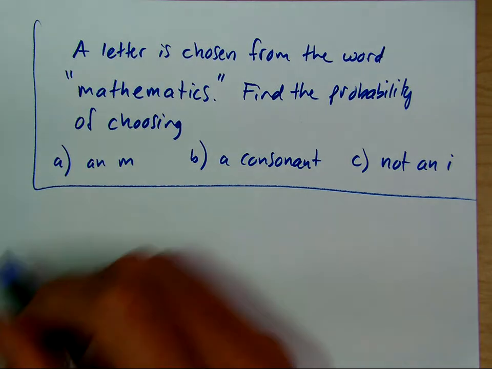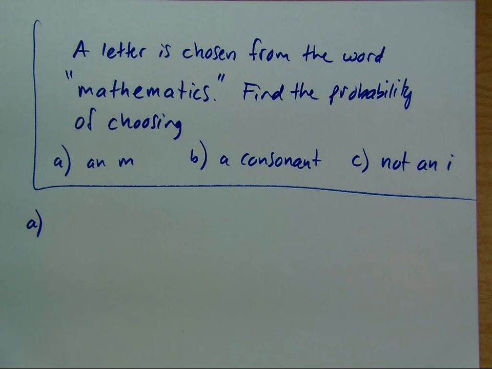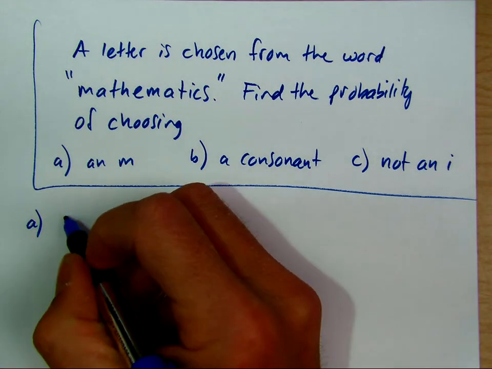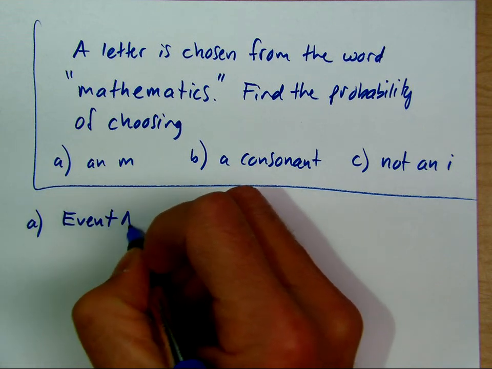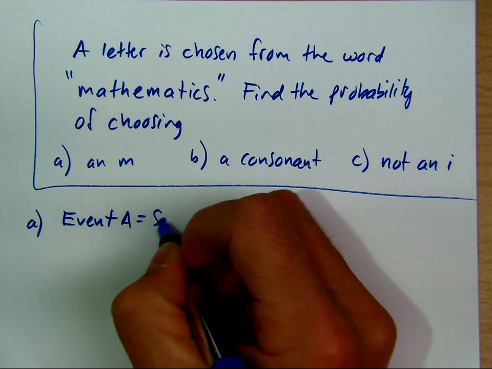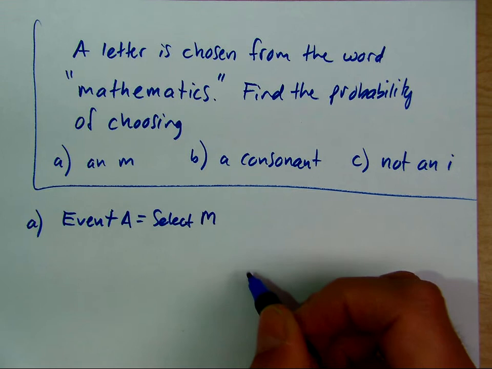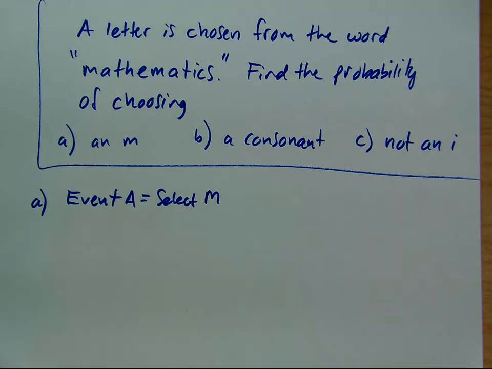So, in part A, let's say event A, just to use some notation, event A is selecting an M. And we know that event S is selecting any letter.